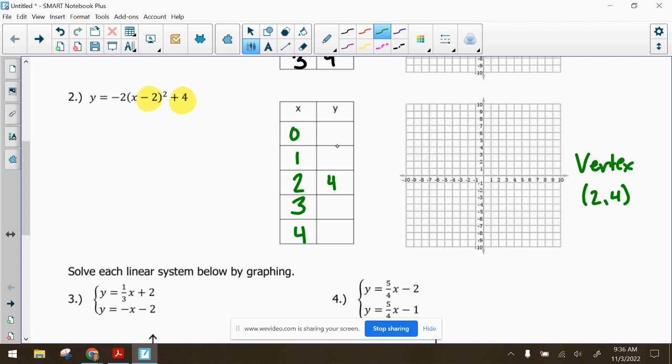All right, when I plugged in 0, I got -4, which means 4 will go to -4 as well. I'm then going to plug in 1. When I plug in 1, I get 2. So let's go ahead and graph it: (0, -4), (1, 2), (2, 4), (3, 2), and finally (4, -4). Now I can go ahead and connect them.